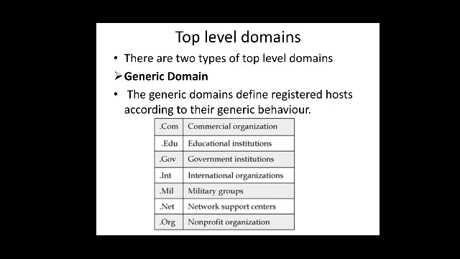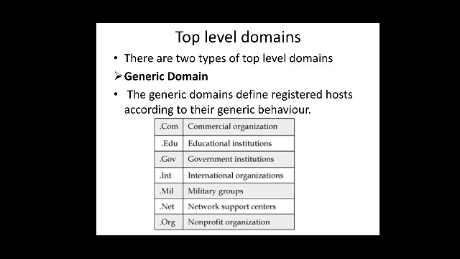For example, suppose you are trying to register your website as a private commercial organization, say my company, some Vikas group of companies. It is a commercial organization, which means I have started this company to make a profit.